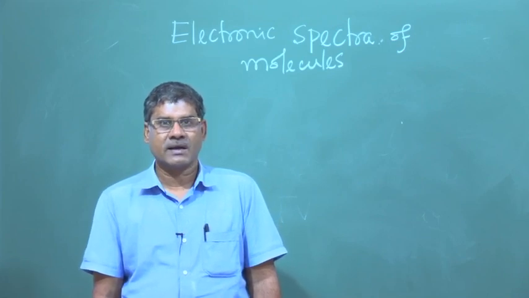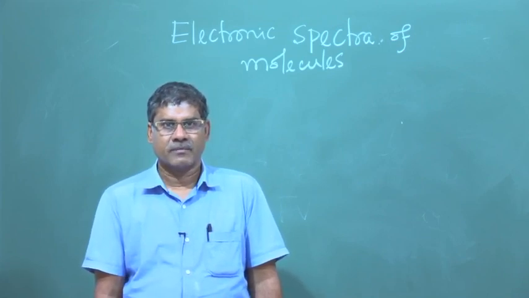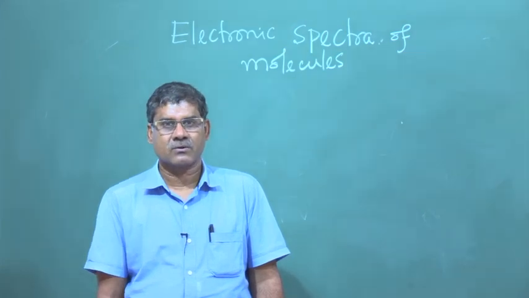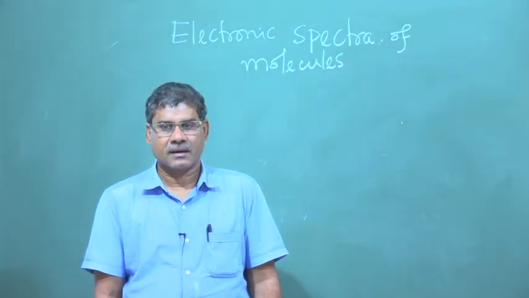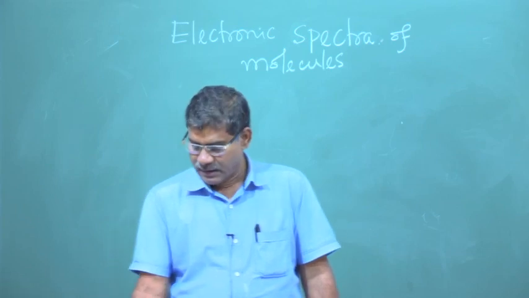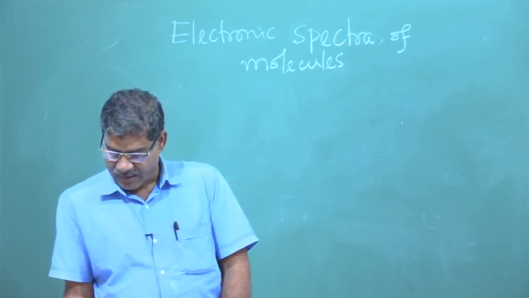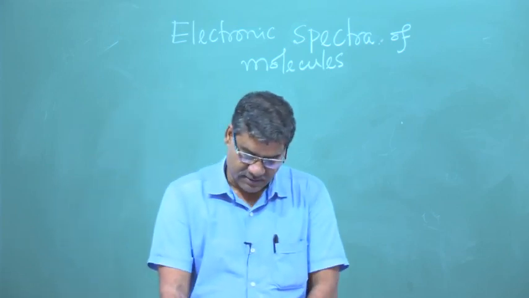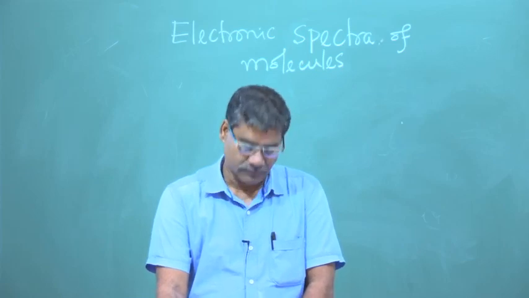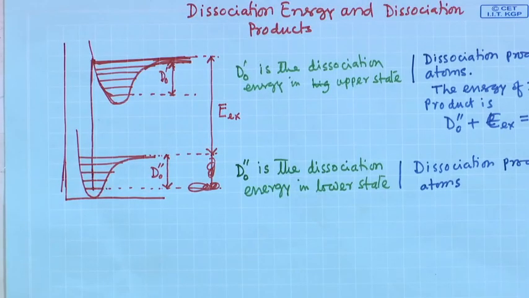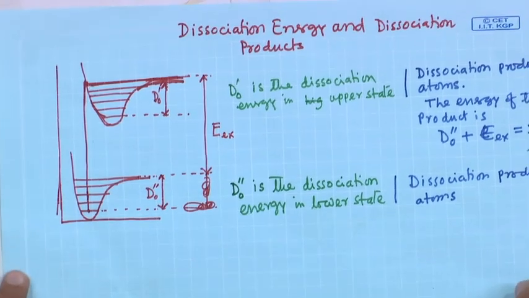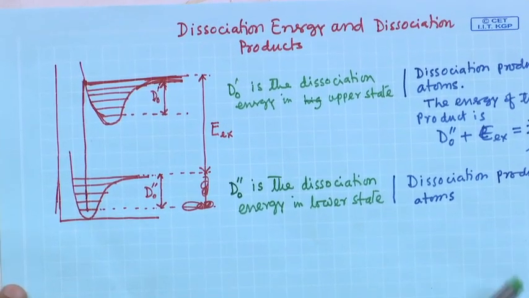What information can we get from this vibrational core structure? That I want to discuss. Here you can see basically dissociation energy and dissociation product.